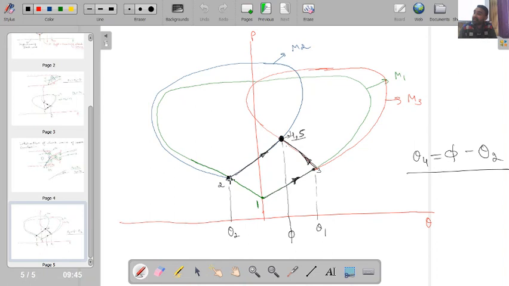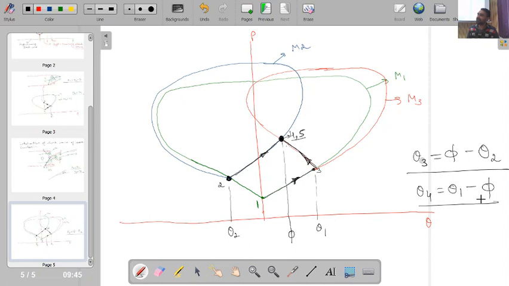So from this point I had to travel distance theta 3, so theta 3 will become 5 minus theta 2, and here I have to travel a distance of theta 4, so my theta 4 will become theta 1 minus 5.